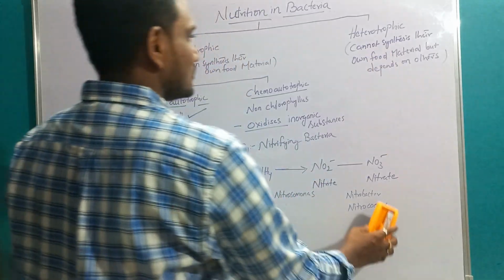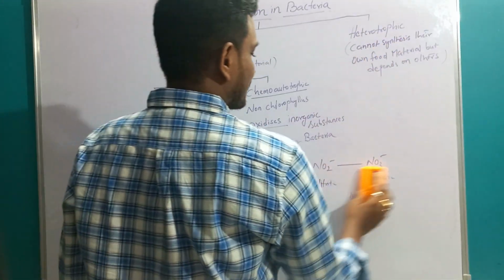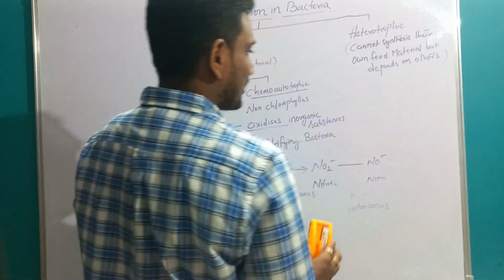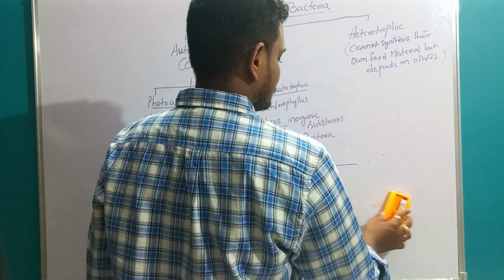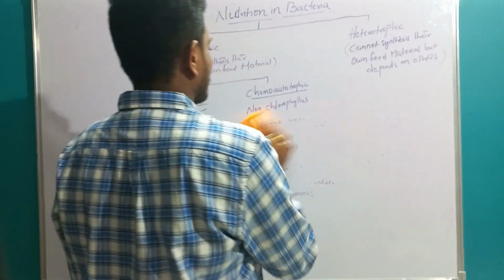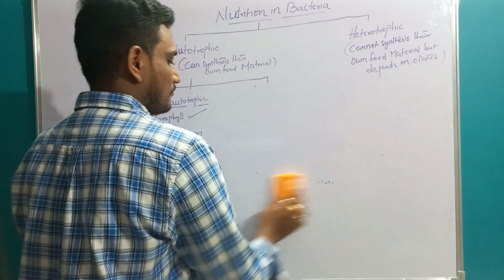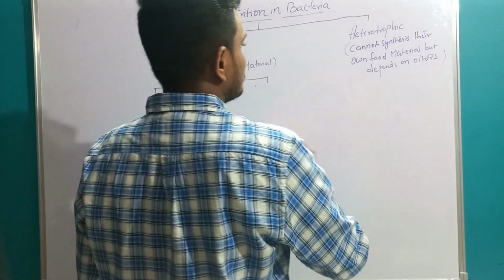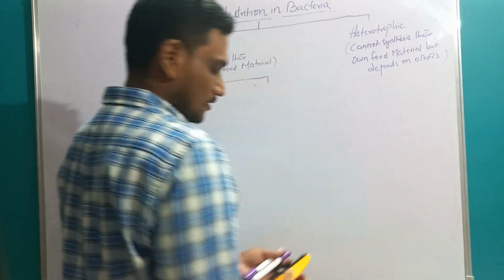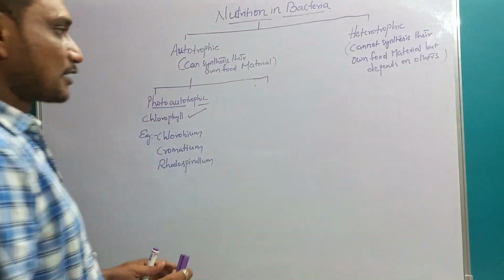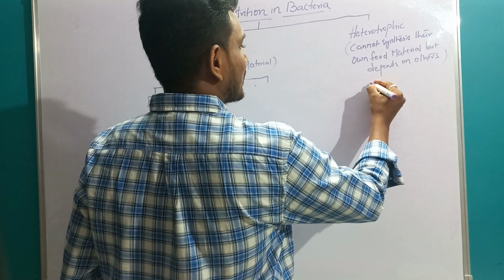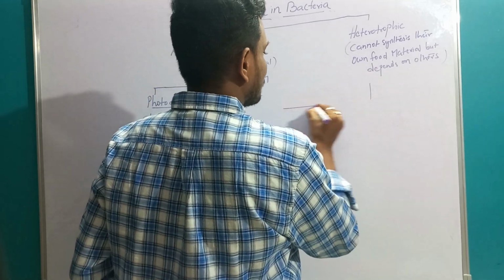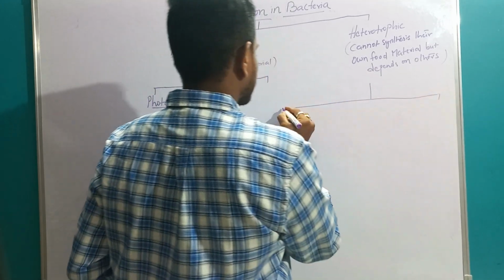Next, coming to the heterotrophic. Heterotrophic bacteria are classified into mainly three types.